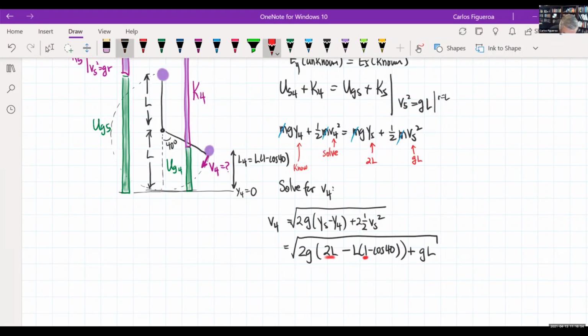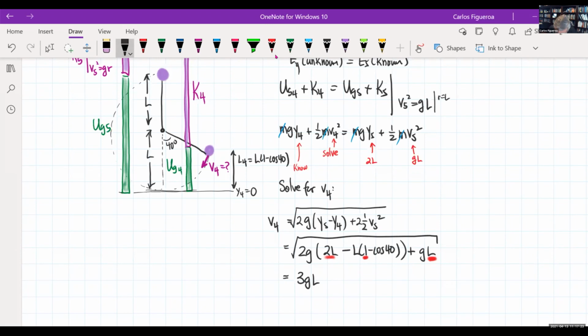And then what I want you to pay attention to is that there's another L term right here. So I'm going to get 2GL, and then I'm going to get GL. So you're going to see that I'm going to get one term that reads 3GL.